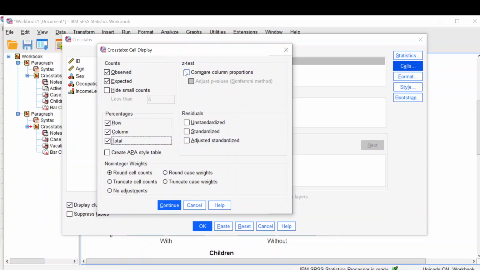Okay, and then the z-test. The z-test will compare the column proportions. In other words, it will say within groups, are there any measurable differences, right? You can think of it as kind of like a t-test for a crosstabs distribution. So if we click that and select adjust p-values, that will give us some additional information where we can say, for example, of those just with children, how many choose beach versus Disney?